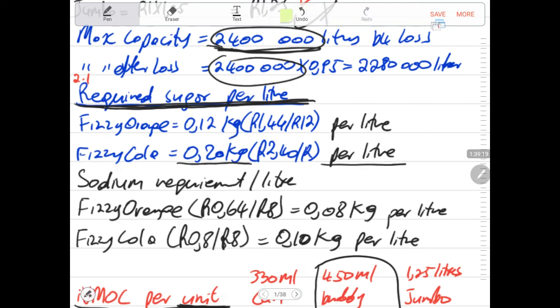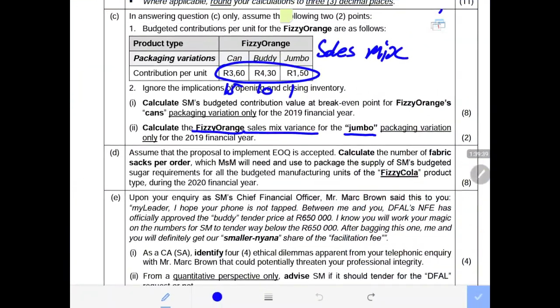Meaning we need to take all the units of fizzy cola for the can, for the body, and for jumbo. We convert them into liters. Then the minute you convert them into liters, we can multiply by the sugar requirement per liter. Remember, where did we get the sugar requirement per liter?